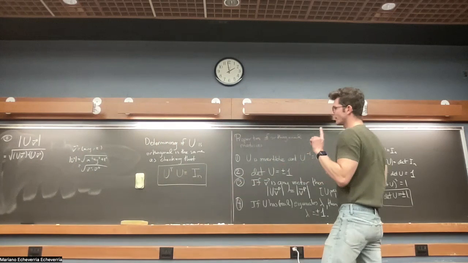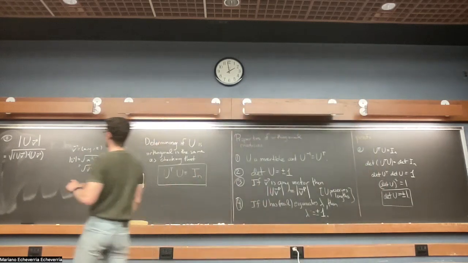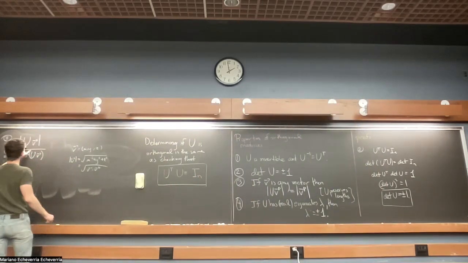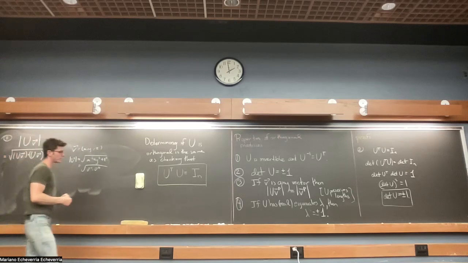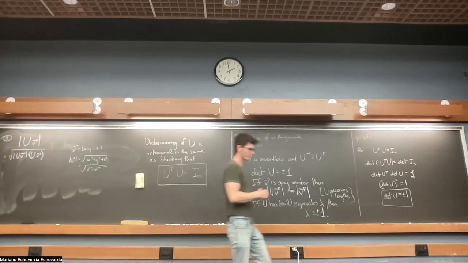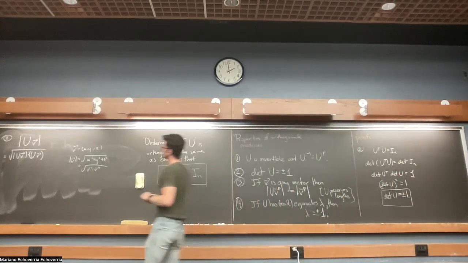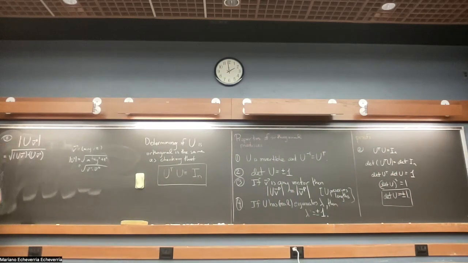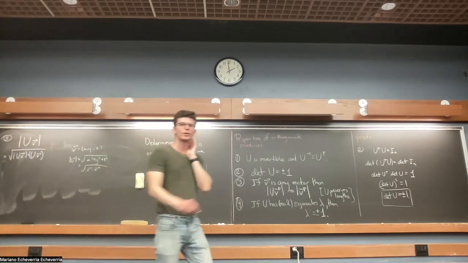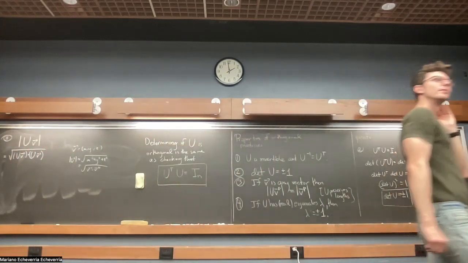So the length of any vector, in this case the vector U times v, is the square root of the dot product of the vector with itself. And just to work again with this important formula that I gave you last time: remember that in a dot product, you are allowed to move the matrix around. So what could you do here? If I wanted to play a little bit with that dot product, how can I move the matrices?